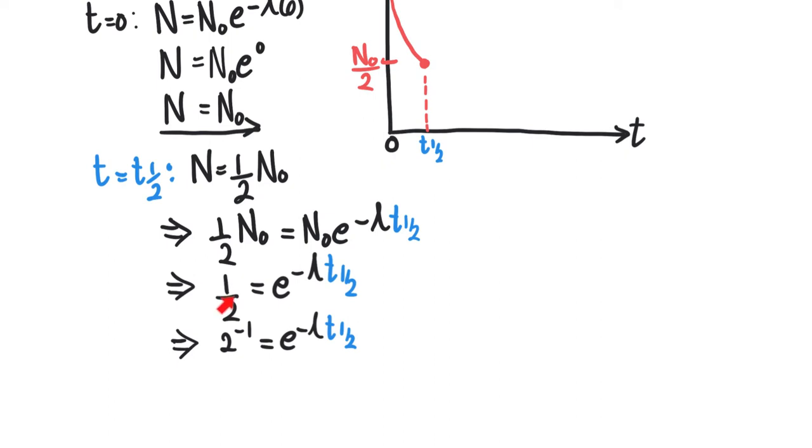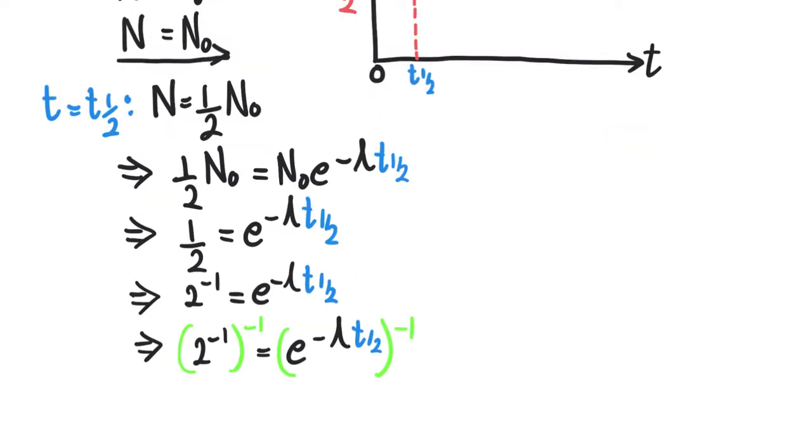Now a half is the same as 2 to the minus 1. If we take the 2 to the 1 across the division line, we make the exponent negative. So 2 to the negative 1 equals e to the minus lambda T1/2. And now, using basic algebraic skills, in order to get rid of the negatives in the exponents, we are going to raise both sides to negative 1, which we're allowed to do.